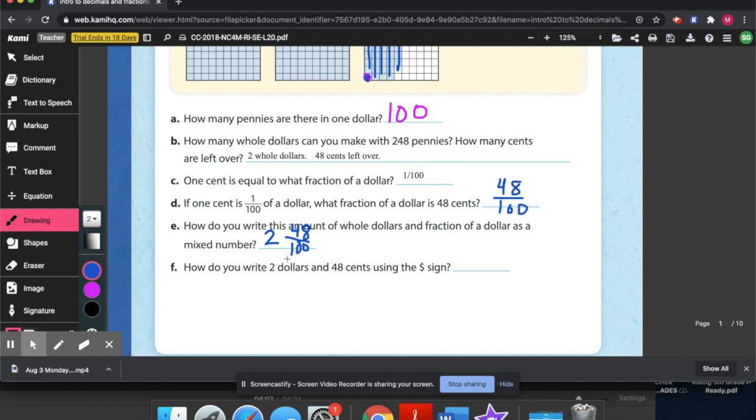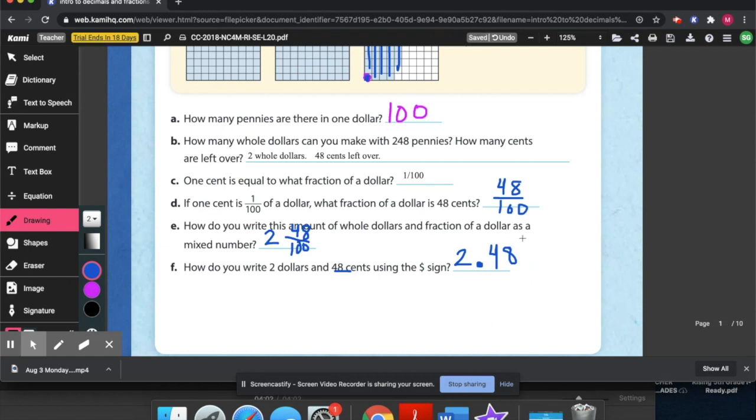So you have your $2, your 2 wholes. This is in the ones place because it's a whole number. Everything behind the decimal is not a whole number. That is my leftover. And I clearly know my leftover is 48 cents. So I put 48.